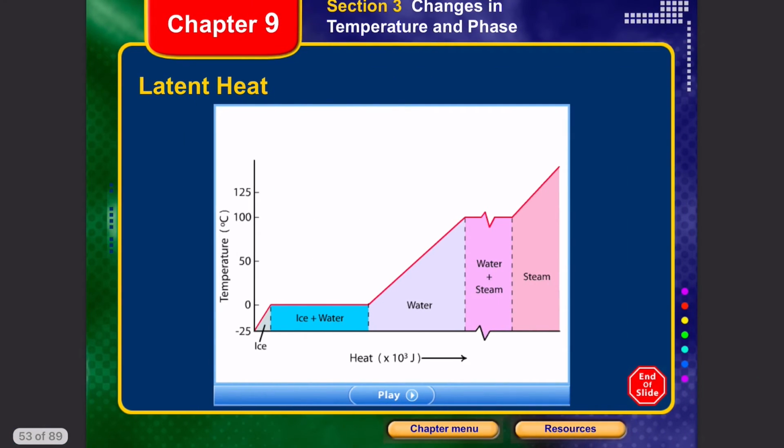So let's take an example. Let's say we have water starting at a temperature of negative 20 degrees centigrade. When you draw the heating curve of water, let's say we are heating this water constantly and at constant pressure.